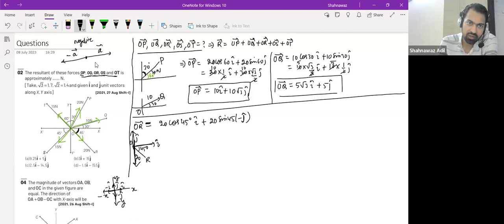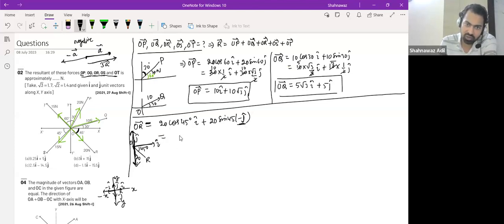A parallel vector of A would be in the same direction but with a different magnitude. So if this is J hat, the opposite of J hat would be minus J hat. Okay, so now let us go ahead.